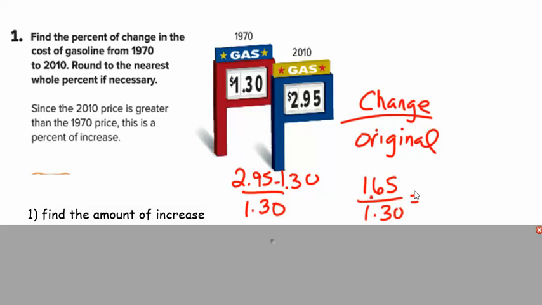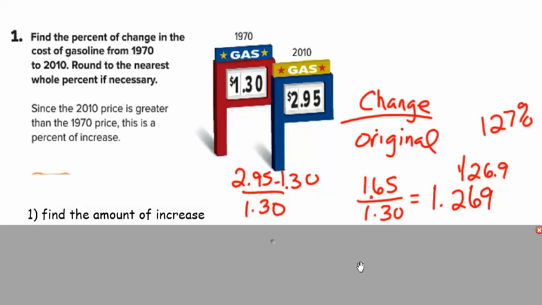Then you simply divide that. $1.65 divided by $1.30 equals 1.269, and it said round to the nearest percent. If I want to turn that into a percent, I move it two places, so it would be 126.9, which rounds to 127%.